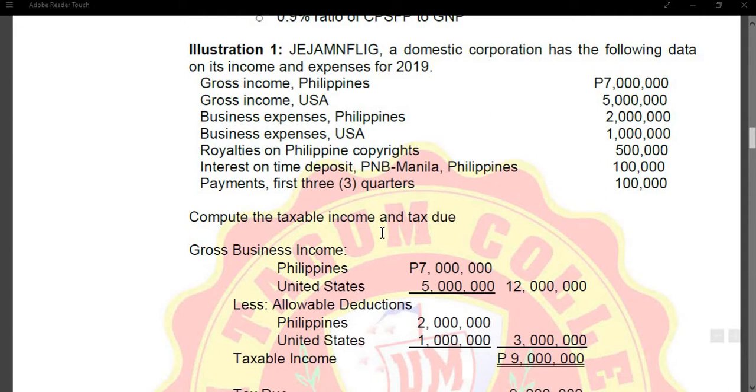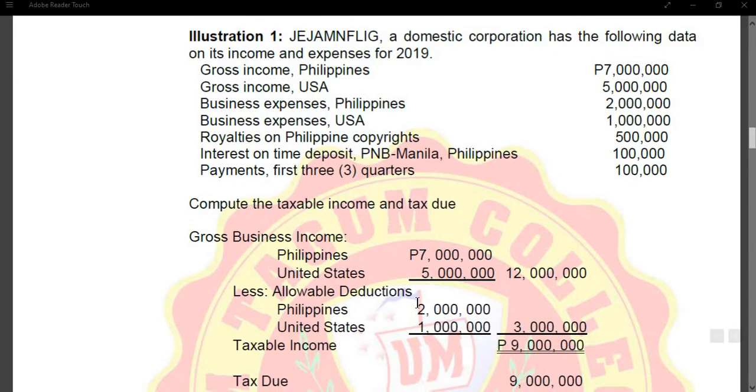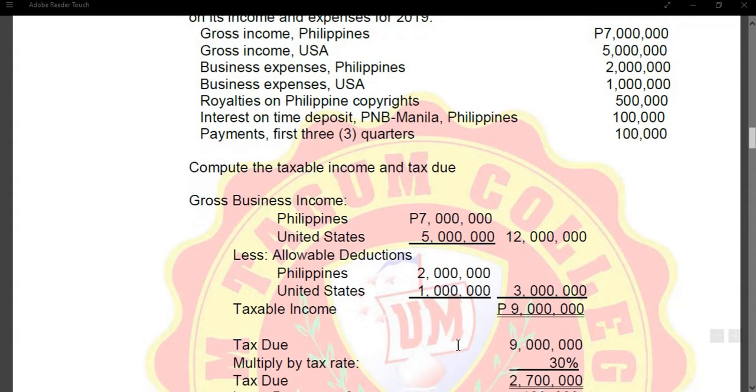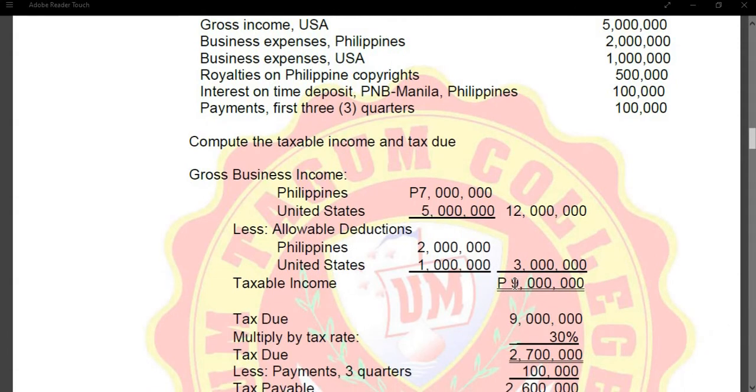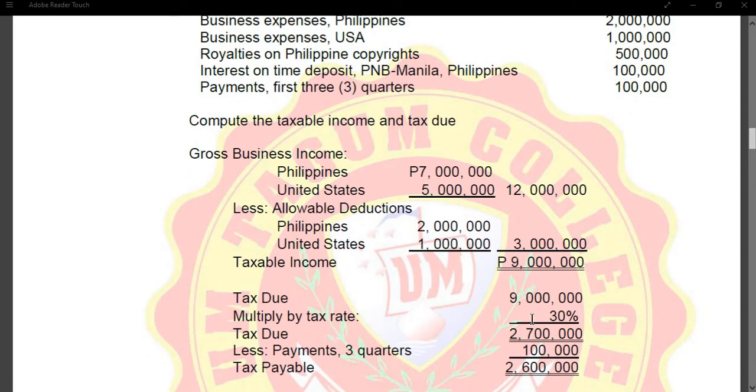So the gross business income is 12 million less allowable deductions from the Philippines and from the United States of 3 million. That gives you a taxable income of 9 million pesos. To get the tax due, you base it on your taxable income. That's 9 million multiplied by the regular corporate income tax rate of 30%.